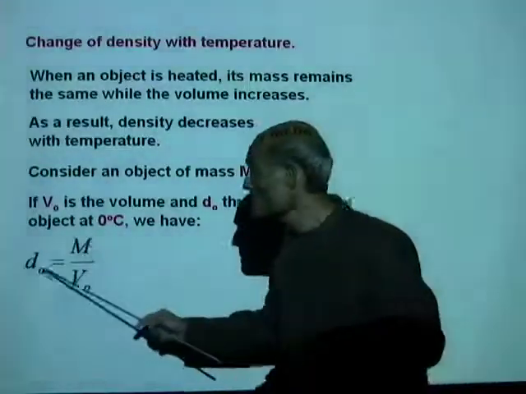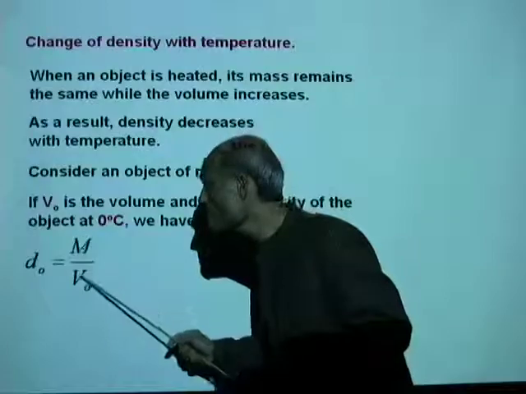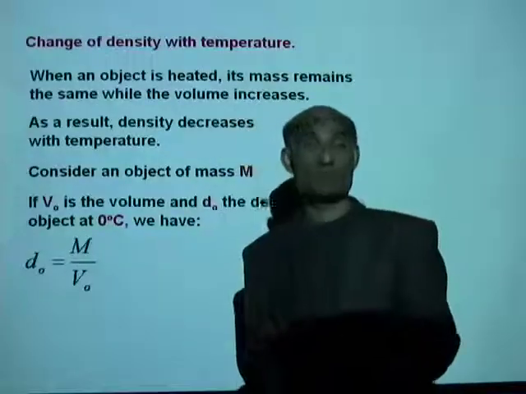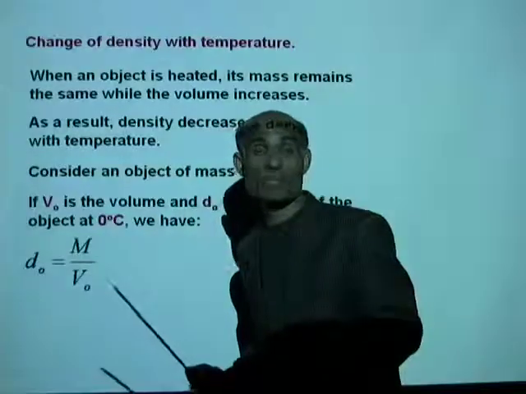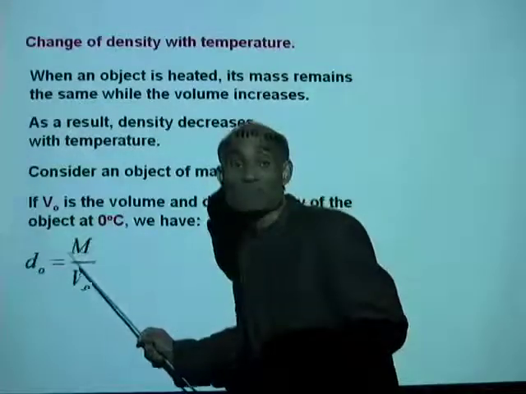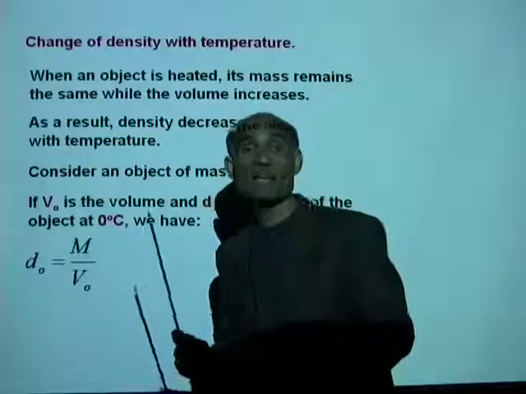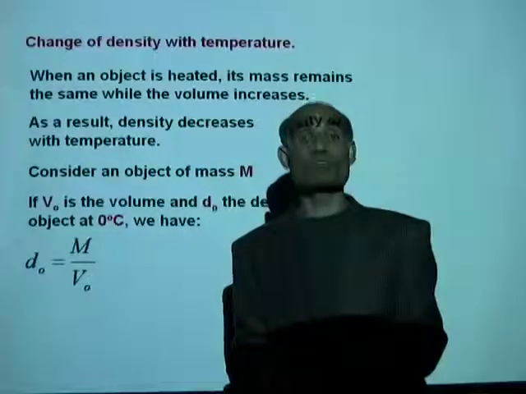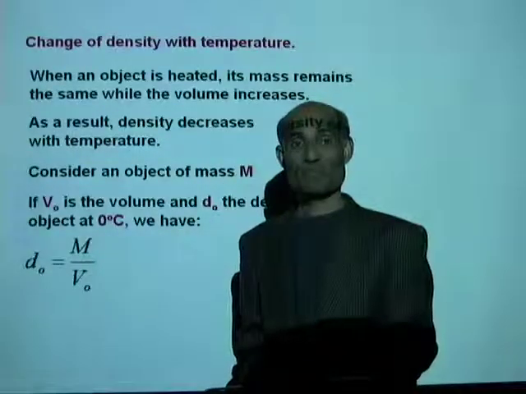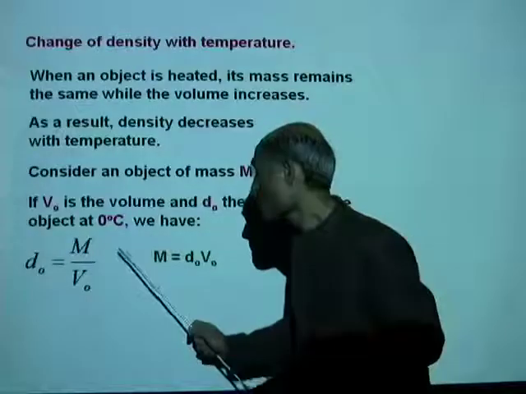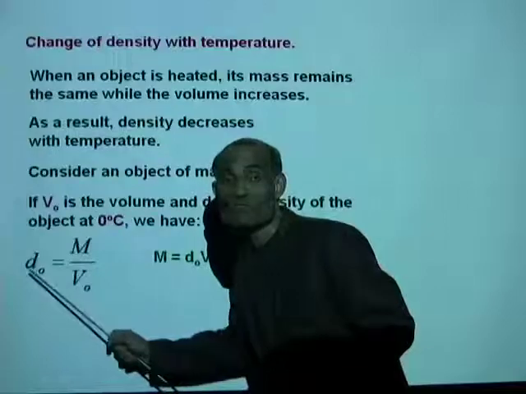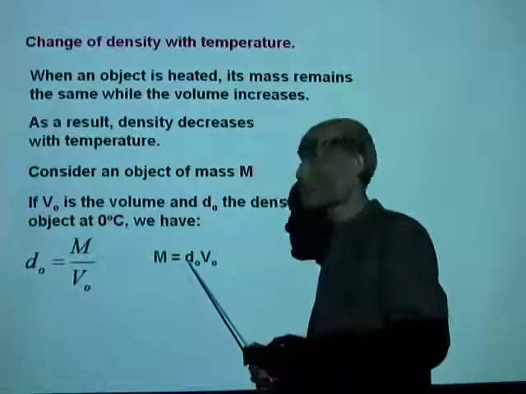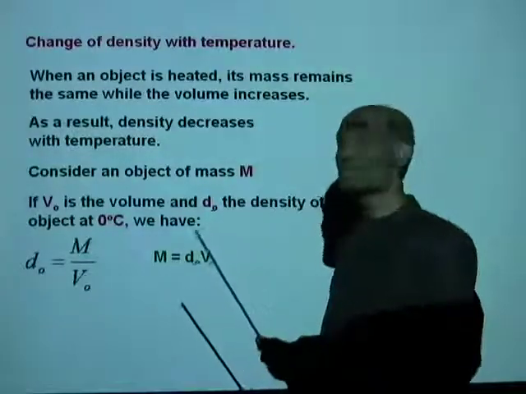Is that right? D0 equal to m divided by V0. The density at 0 degrees Celsius is its mass divided by its volume at 0 degrees Celsius. Well, that gives us m equal to V0 D0, or m equal to D0 V0.